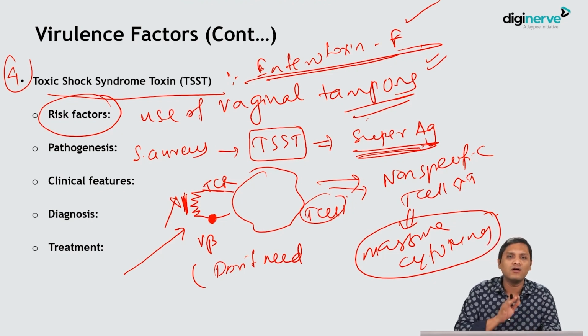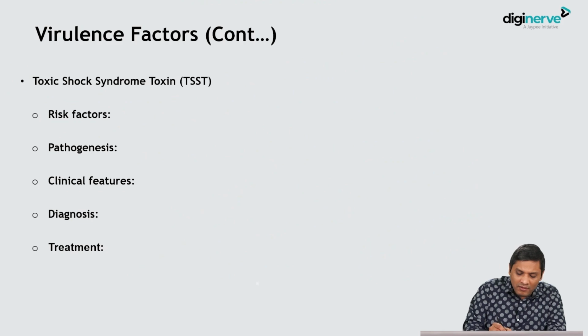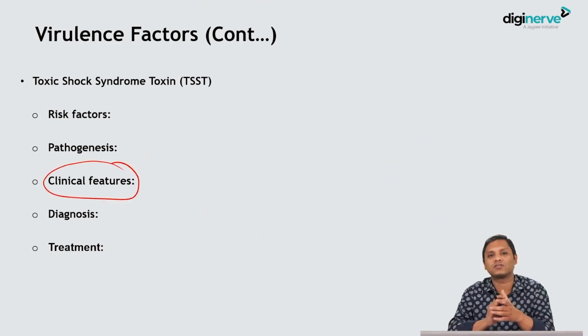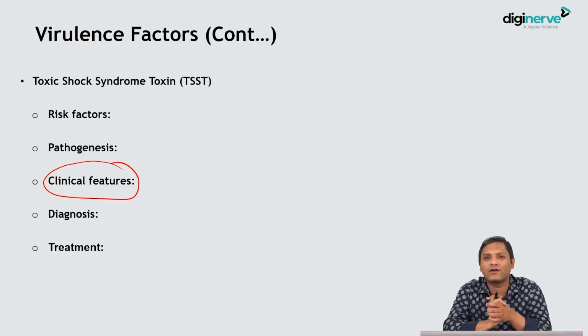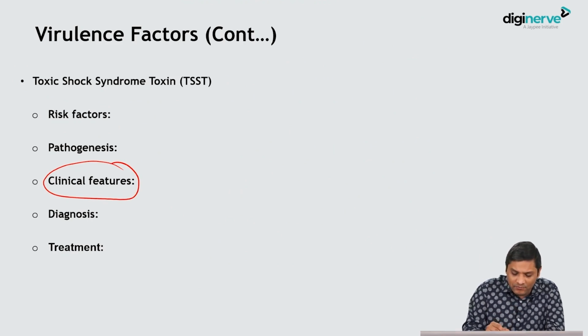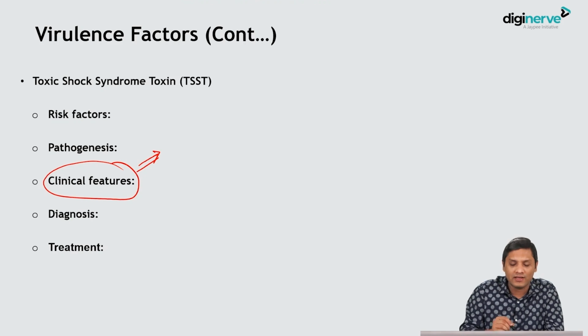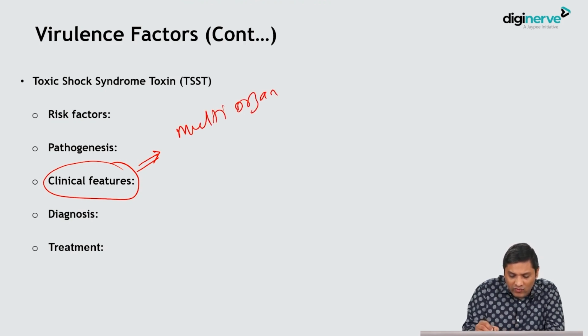Now we will discuss the clinical manifestations. Remember that the clinical manifestations of toxic shock syndrome are all related to massive cytokine influx. The release of cytokines will cause various manifestations, including multi-organ dysfunction.